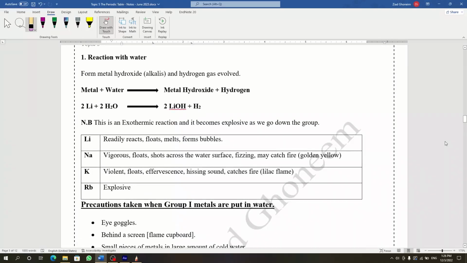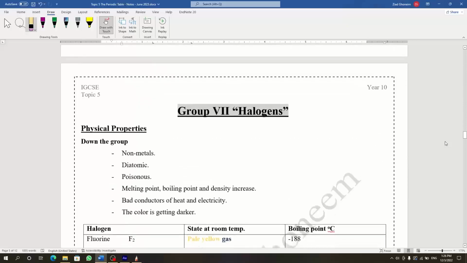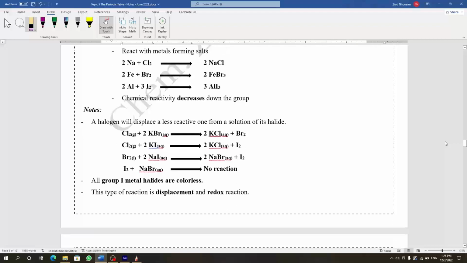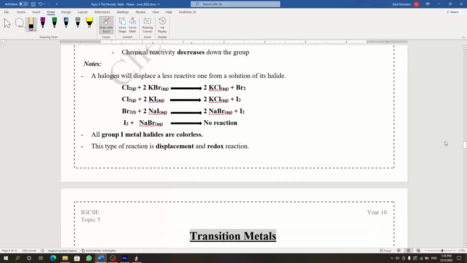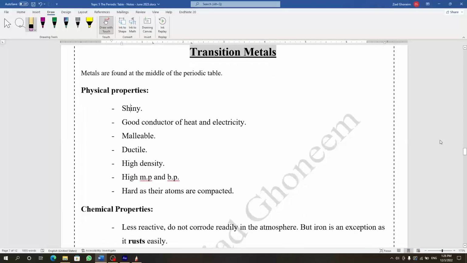All of these are the transition metals. They have the same characteristics as the other metals. They are shiny, ductile, malleable, good conductors of heat and electricity, and they have high melting and boiling points. They are also hard because their atoms are compact. Now, if you're comparing the physical properties of a transition metal and an alkali metal, there are three main differences.